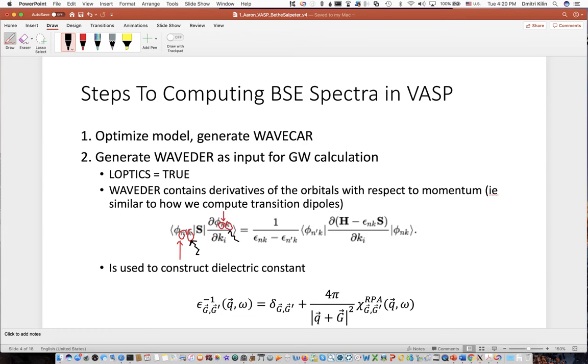So it should be substantially bigger than wavecar. If you have 100 orbitals, then this wave_dir should have the same number of transitions, 10,000.